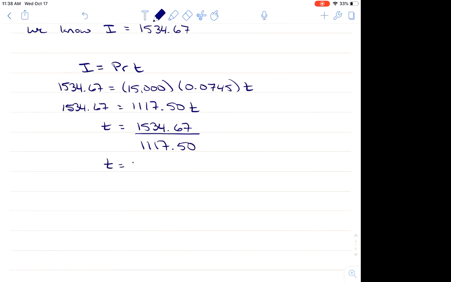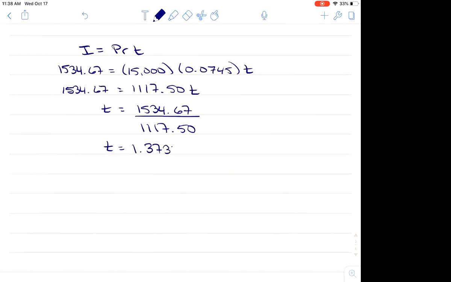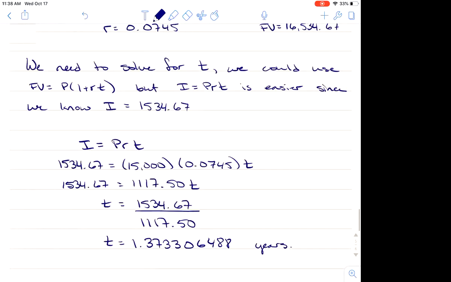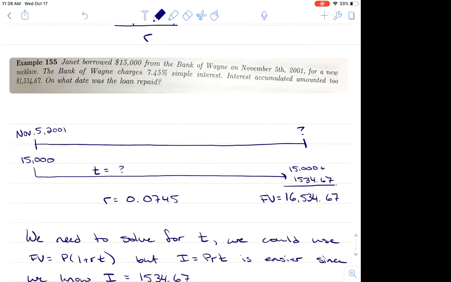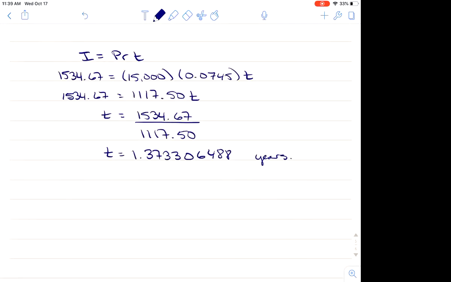So T is 1.37330648 years. That doesn't really mean anything, right? Because we need to know on what date the loan was repaid. Besides, we can't really grasp 1.37 years.